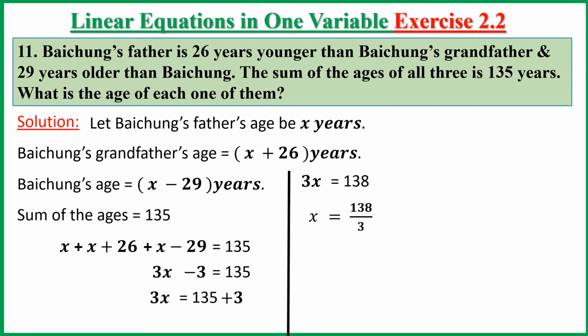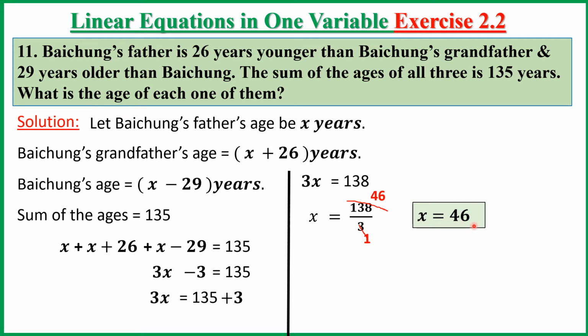To check it is divisible by 3, we add 1 plus 3 is 4, 4 plus 8 is 12, and 1 plus 2 is 3, so this is divisible by 3. So this is 1 times 3 and this is 46 times 3. So our answer is x equals 46.